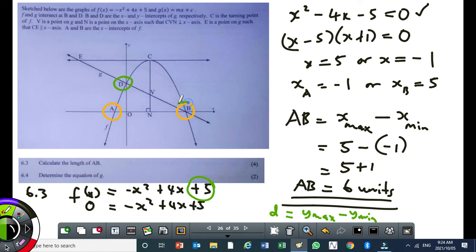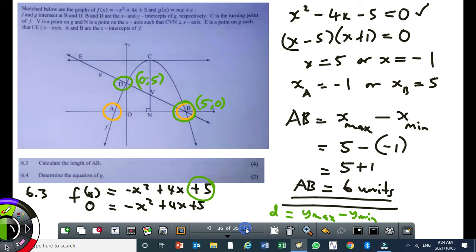Then we found the x-intercept at B. x is 5 there. So at B, x is 5, y is 0. At D, x is 0, y is 5. So it's a piece of cake, grade 9 now. Yes, you are baking grade 9.